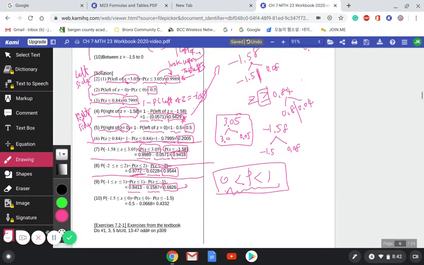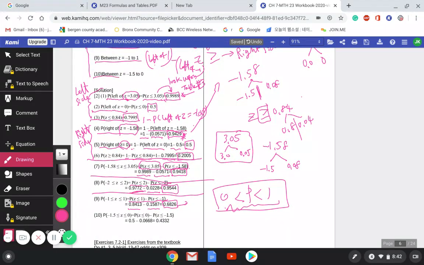Okay. Last question, number 10, is between negative 1.5 to 0. So what you're going to do is left of 0 minus left of negative 1.5, which is the probability of z less than or equal to 0 minus z less than or equal to negative 1.5.